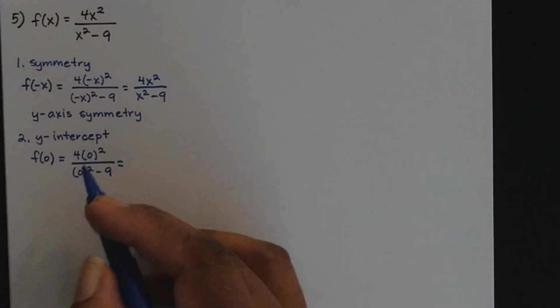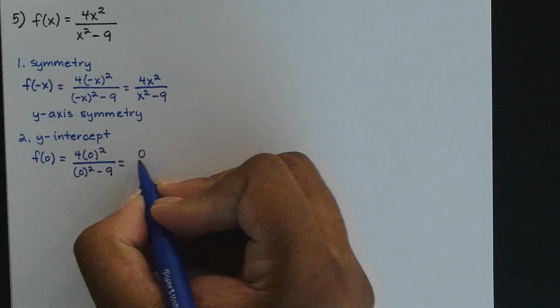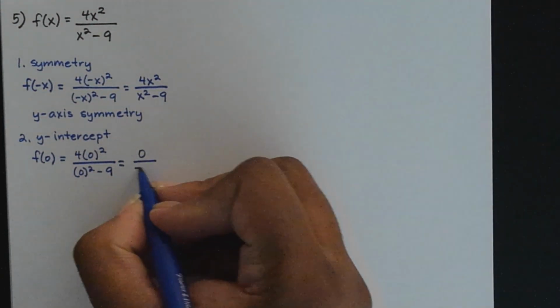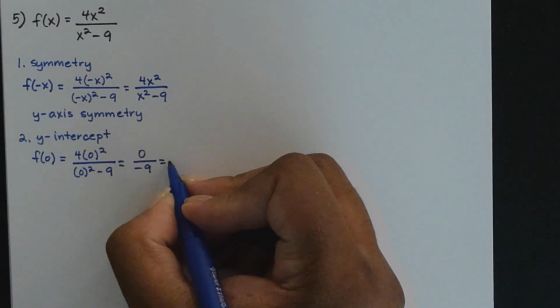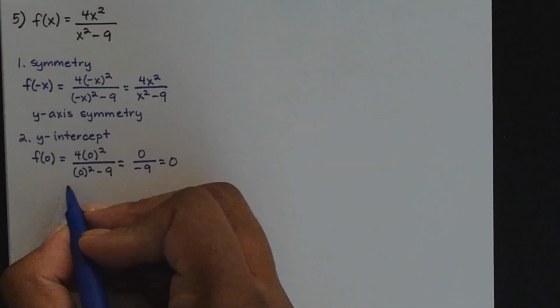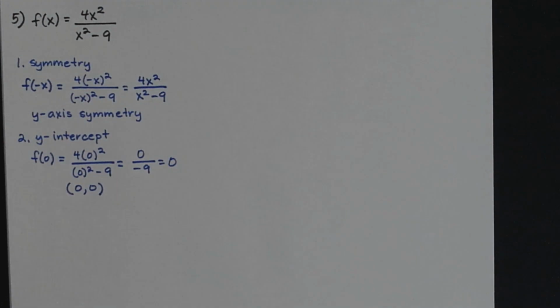In this case, if I square the 0, that's 0 times the 4 in front, that would be 0. Divided by 0 squared is 0 minus 9 would be negative 9. So 0 over negative 9 ends up being 0. So my y-intercept would be the ordered pair 0, 0.